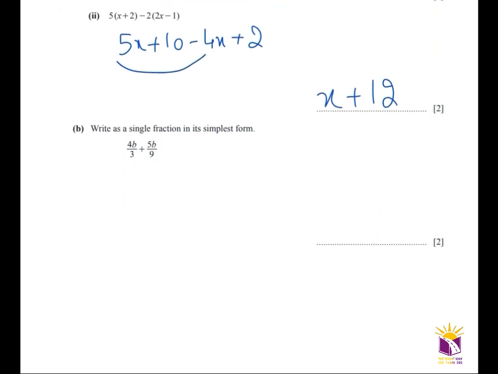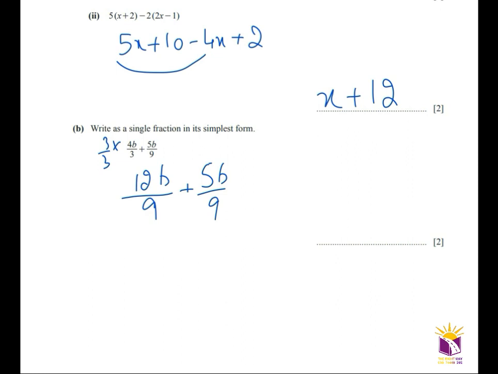Part B. Write as a single fraction in its simplest form. 4b over 3 plus 5b over 9. Now we are going to multiply 3 by 3 to make it a 9, because we are going to make the denominator equal. So it will become 12b divided by 9 plus 5b divided by 9. 3 times 4 is 12, 3 times 3 is 9.